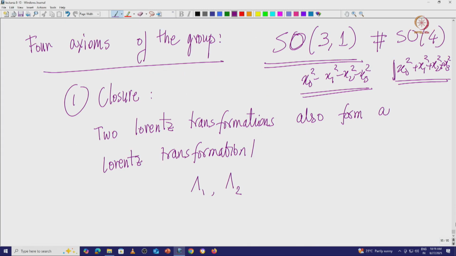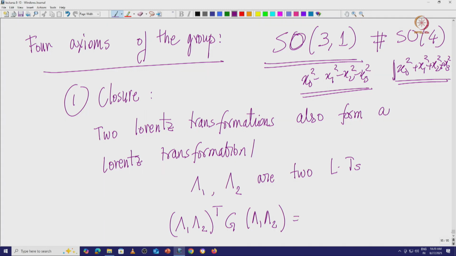So if you have lambda 1 and lambda 2 as two Lorentz transformations, then we have lambda 1 lambda 2 product transpose G lambda 1 lambda 2. It is very easy to show that this is nothing but lambda 2 transpose lambda 1 transpose G lambda 1 lambda 2.